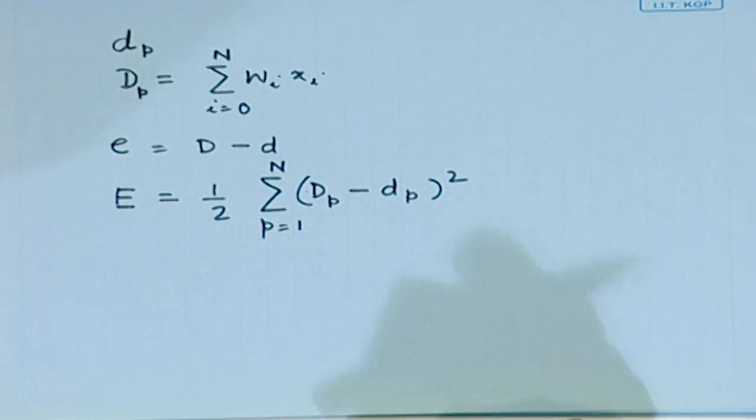So, for every sample I will have an error. Take the summation of the square of the error, which gives you the sum of squared error, okay.